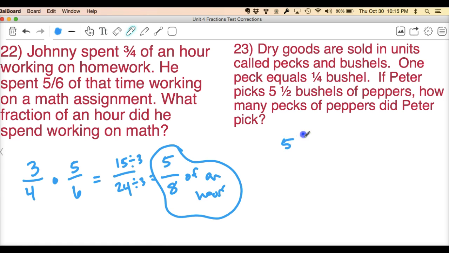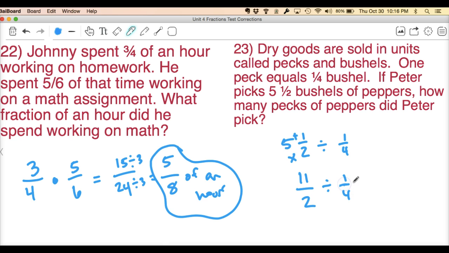So we have 5.5 bushels of peppers, and 1 peck is 1/4 of the bushel. So I'm going to divide by 1/4 to see how many 1/4 servings are in this. So I'm going to do 5 times 2 is 10 plus 1 is 11. So I'm going to convert this into an improper fraction and rewrite the problem.